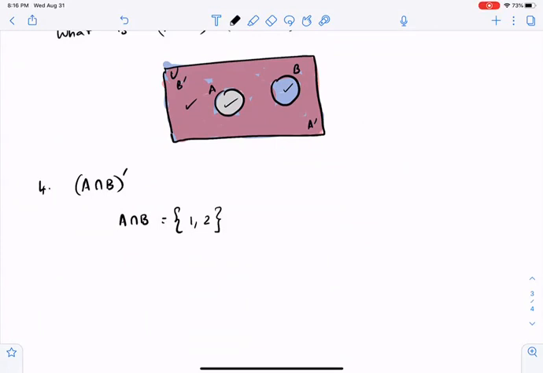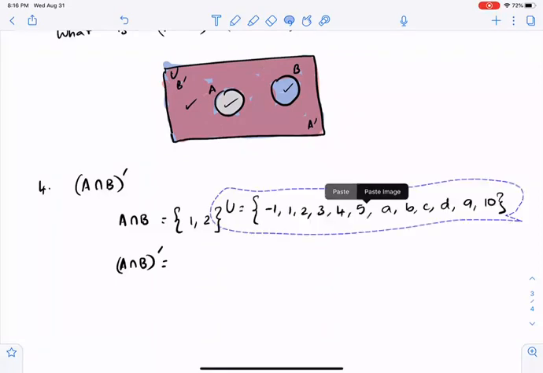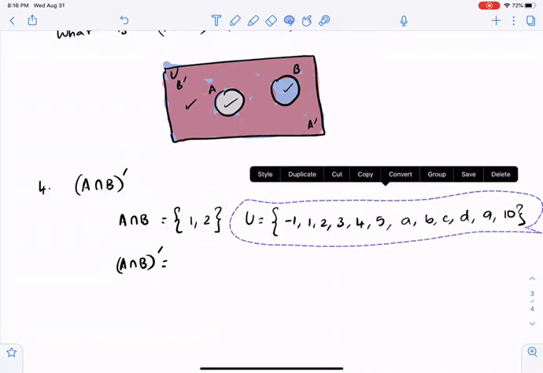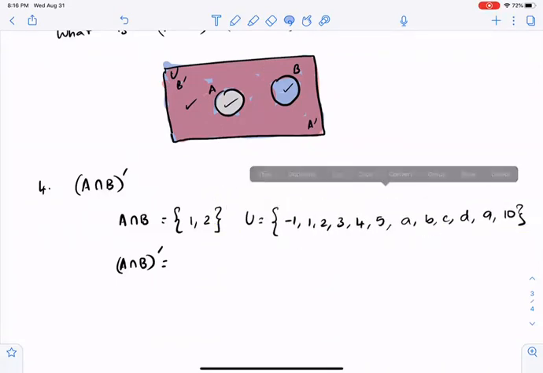And we want to find the complement of A intersect B. In other words, we're going to pick the set U, which is the universal set, get rid of all the elements that are in A intersect B, then I'm going to get A intersect B complement.